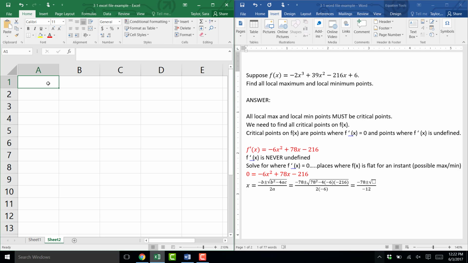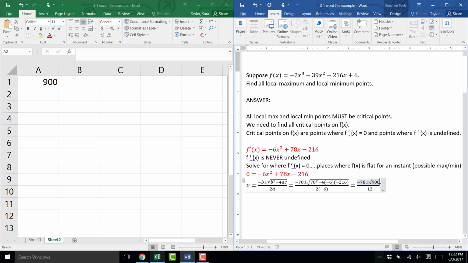That's the discriminant. So in Excel, I'm going to type equals 78 raised to the second minus 4 times negative 6 times negative 216. B squared minus 4 times a times c. And it's 900. So the number underneath the square root is 900.